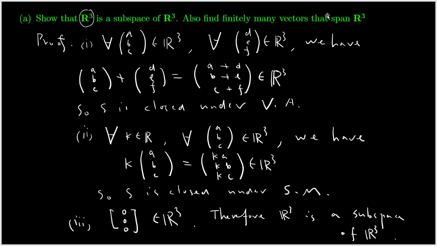Please, tell me something. What are the three vectors I'm looking for?